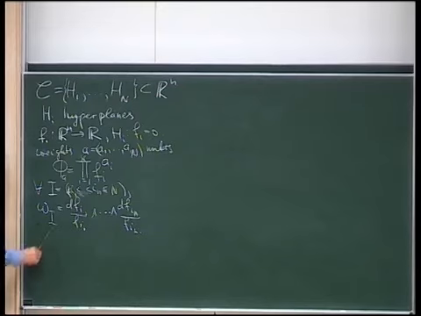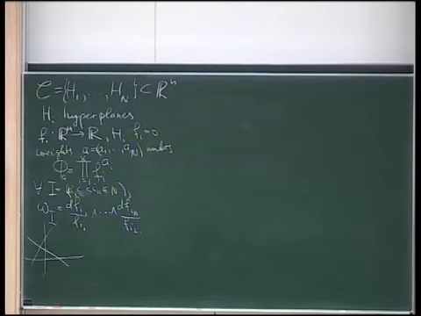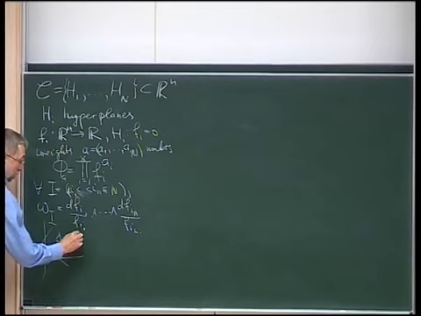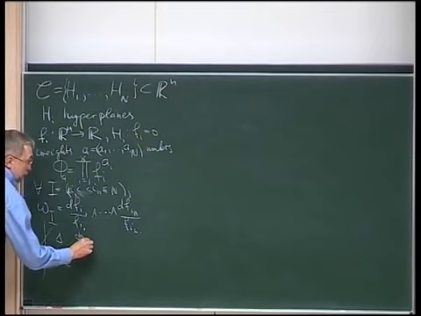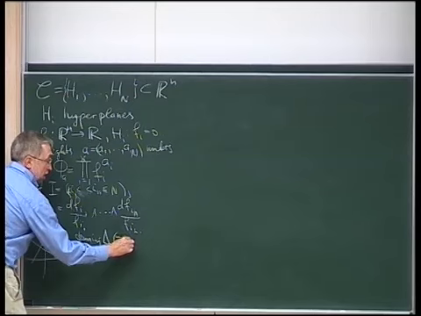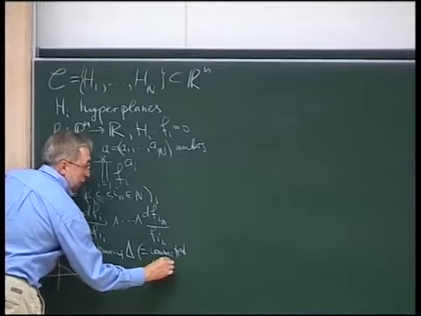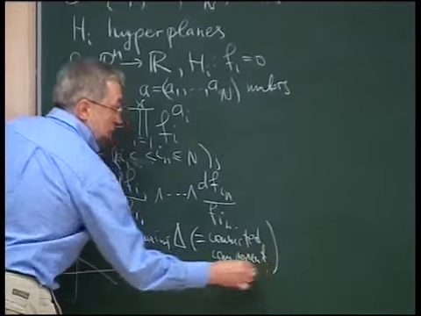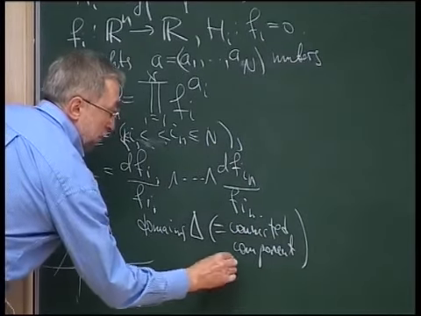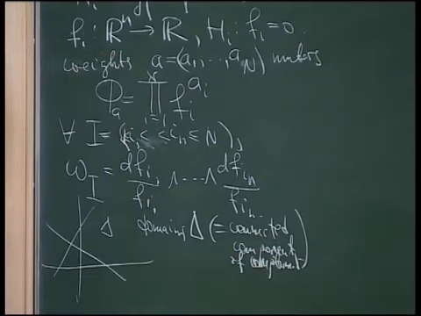Then I will consider all these hyperplanes, and I will choose connected components of the complement. I will take any connected component of the complement. So domains delta, which will be connected components of the complement to the arrangement.